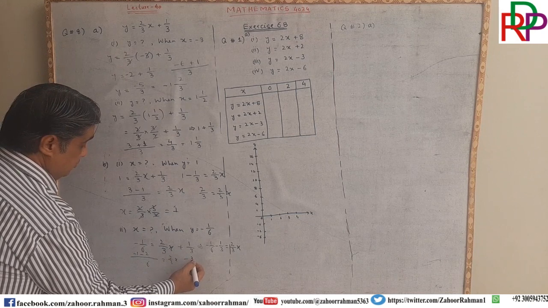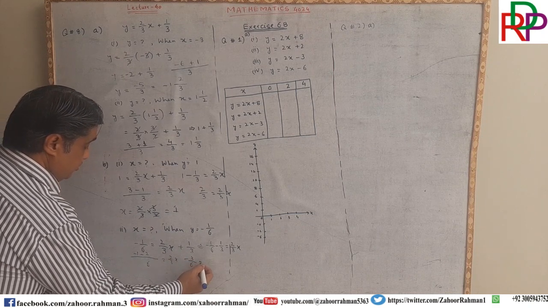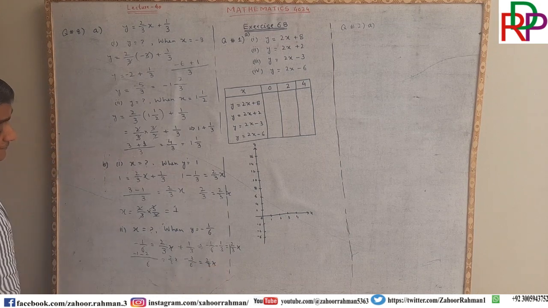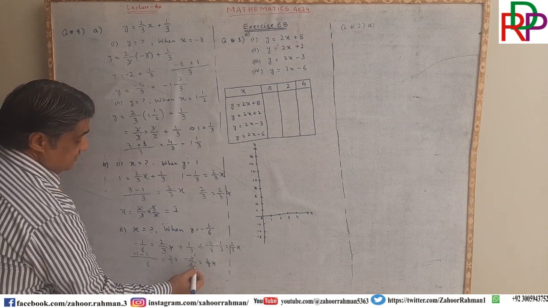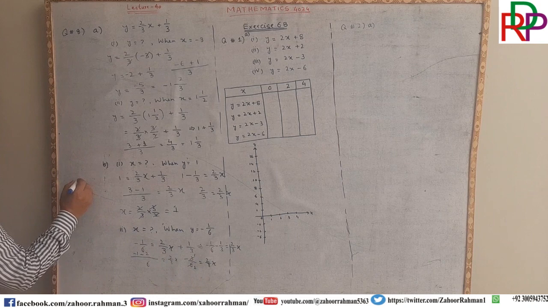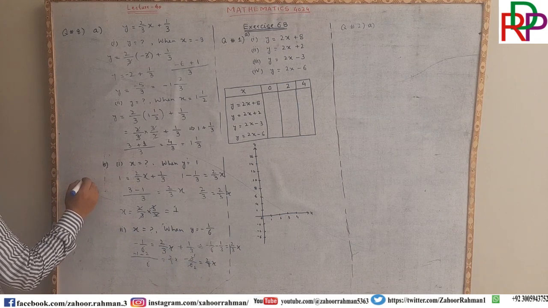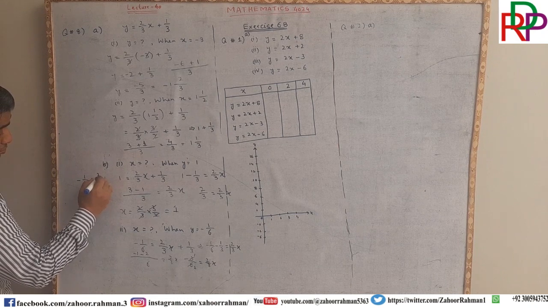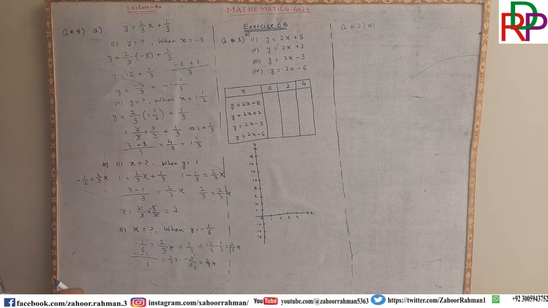Now this will give you minus 3 over 6, equal to 2 over 3 into x. 3 ones are 3, 3 twos are 6. So this will be equal to minus 1 over 2 is equal to 2 over 3x.